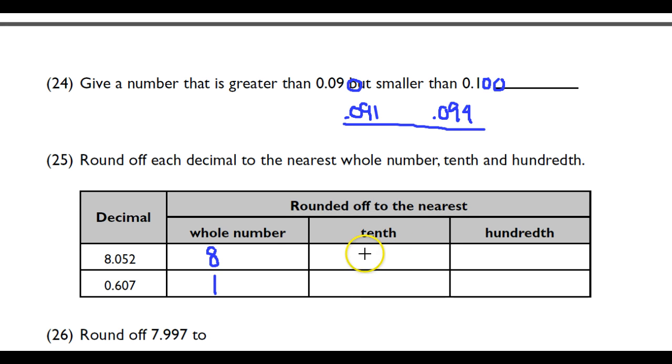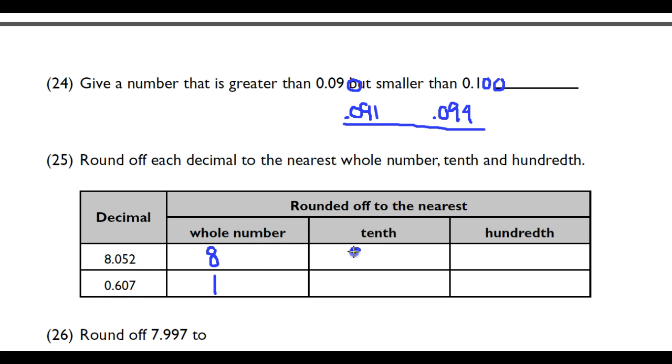Okay, for the tenths over here, 8.052. Now the number to be changed is this one. Okay, it could be 8 point something. Now 0 to change, we look at the number beside, it is 5. 5 is nearer to the other number. 05 is nearer to 10 compared to 0.